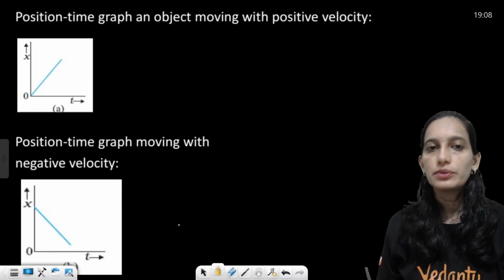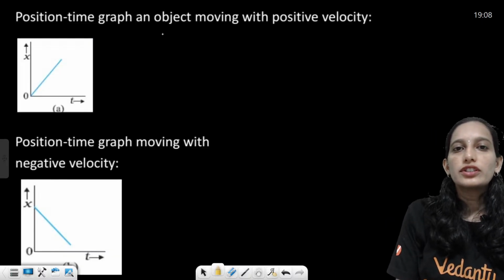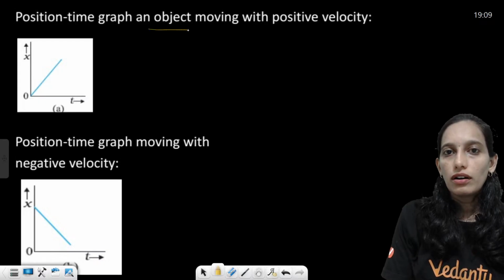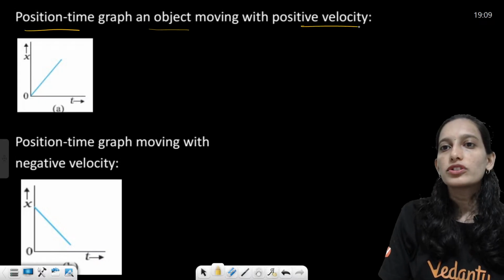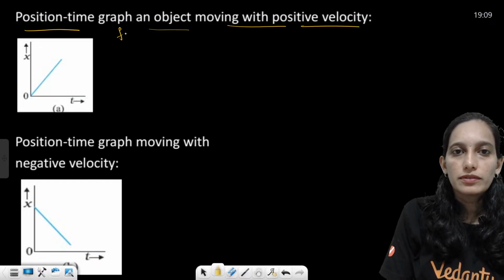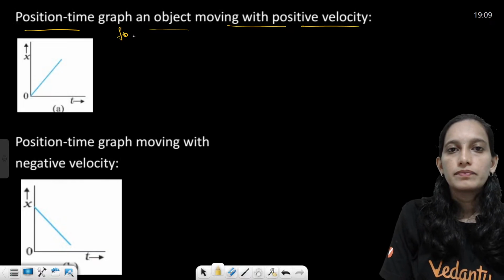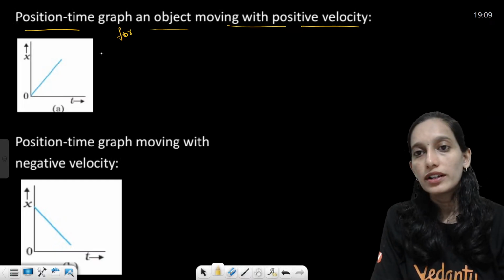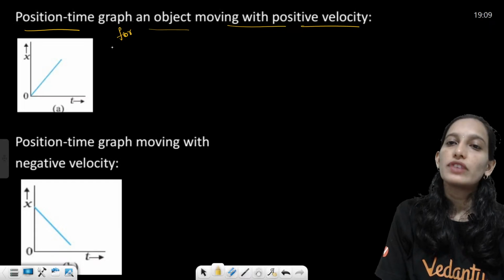So moving to the next graph, the position time graph for an object moving with positive velocity.